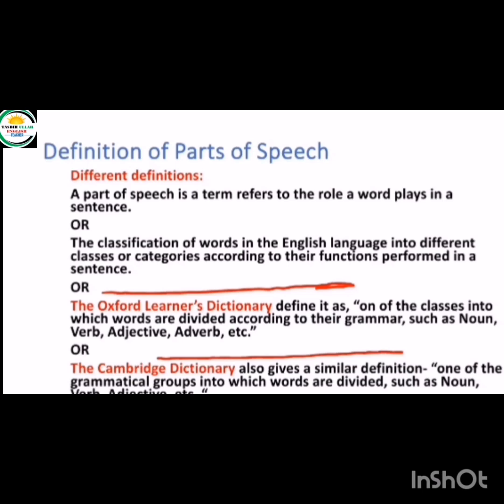And we divide words according to their grammar and position into different classes or categories, and we call it the part of speech, such as noun, verb, adjective, adverb. And the Cambridge Dictionary also gives a similar definition: one of the grammatical groups into which words are divided, such as noun, verb, adjective. So this is the fourth definition of the part of speech.